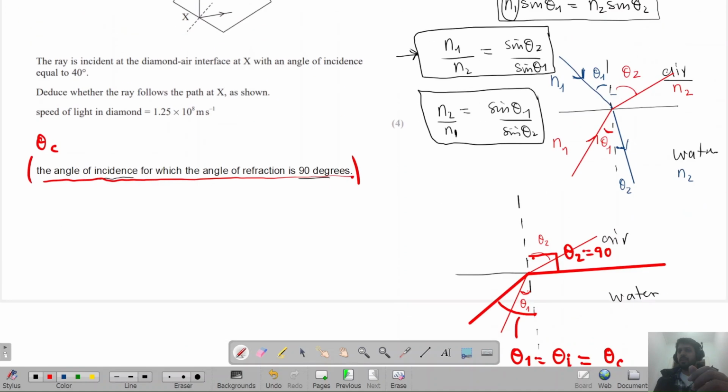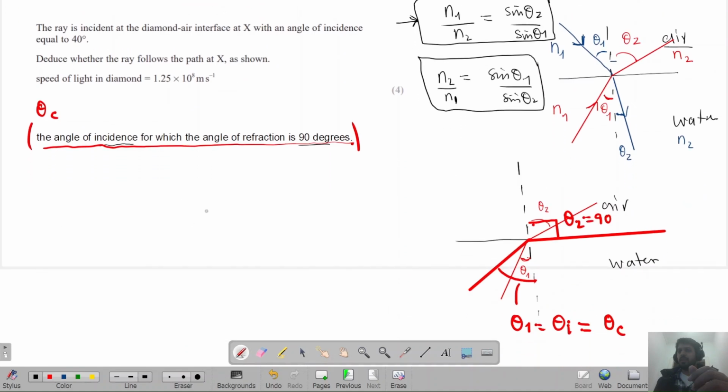Now, let's go back to Snell's law and see how Snell's law will change. So we have N1 sine theta 1 equals N2 sine theta 2. Again, this side is incidence, this is refraction.